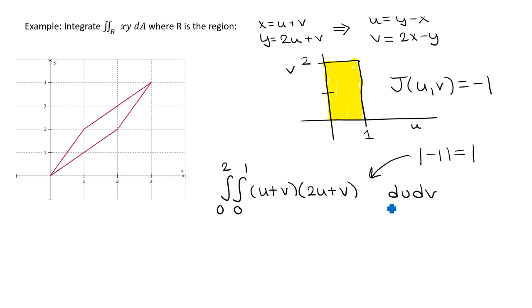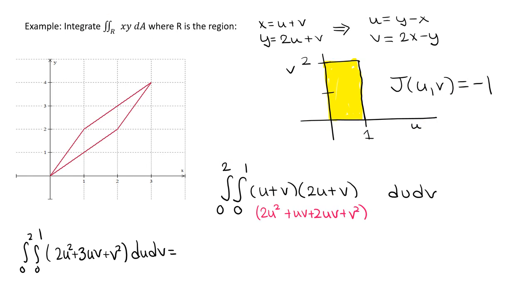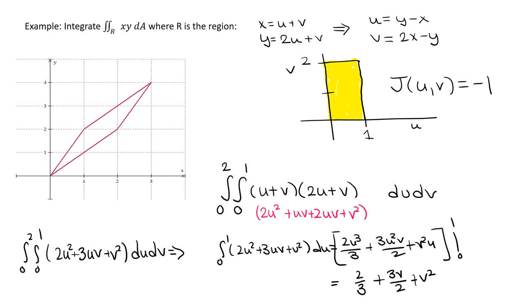Now I can put in some bounds of integration. Looking at my transformed region, the u values go from 0 to 1, and the v's go from 0 to 2. So this is the integral that I need to compute that is equivalent to the problem given to me. To help me with the integration, I'm going to FOIL out the u plus v times 2u plus v. I ended up getting 2u squared plus 3uv plus v squared.